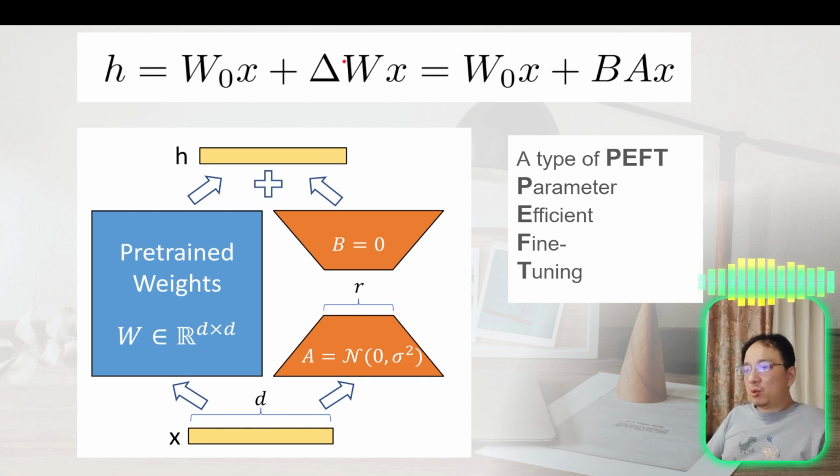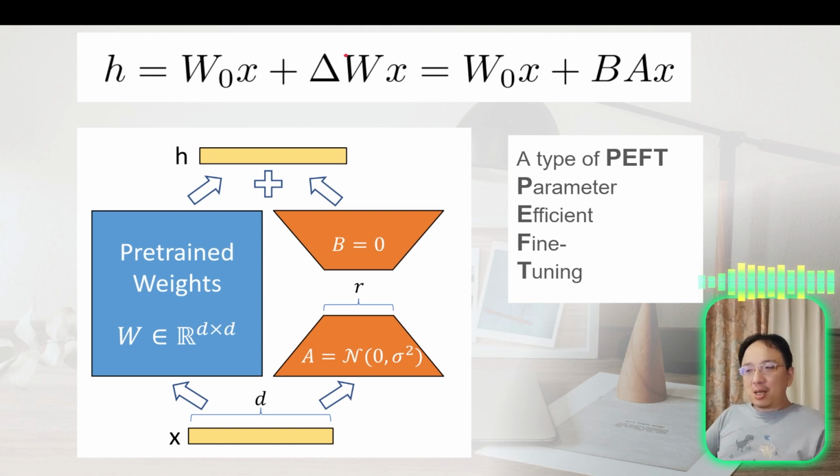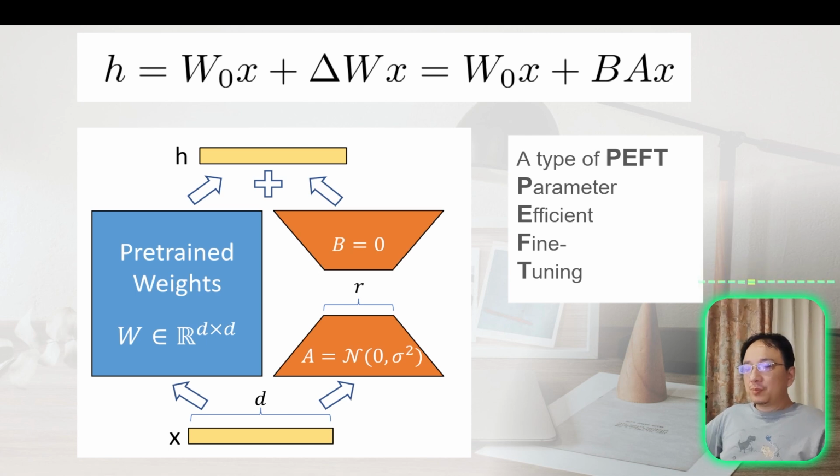There are many ways to measure the smallness of a matrix. One way to measure it is the rank. This is one of the popular ways to measure how small or how big a matrix is. If a matrix has a very low rank, we consider it a small one. And when it has a full rank, we consider it a big one.